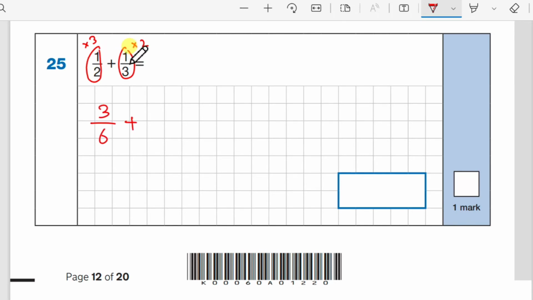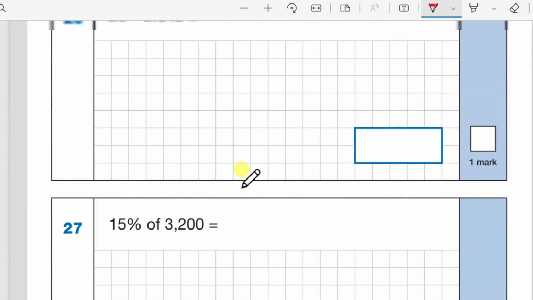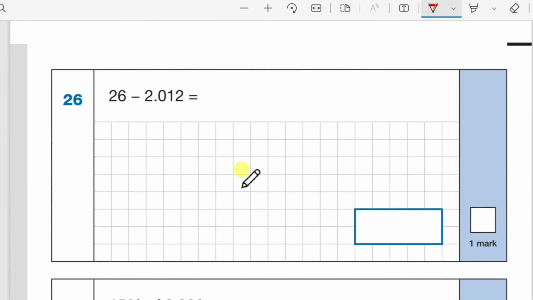Times the right side by 2, you get 2 over 6. Now, because you got common denominators, you can add up the top line. So 3 plus 2 is 5, so you get 5 over 6. Never add the common denominator, otherwise you didn't need to have to do this. So you always have to keep the same number on the bottom. But good. So move on to 26.